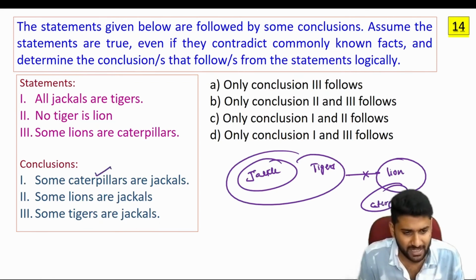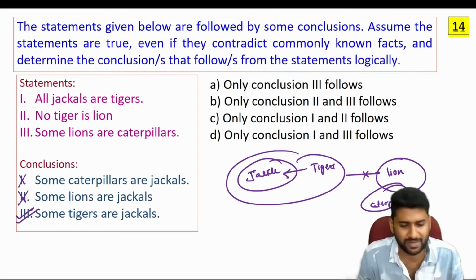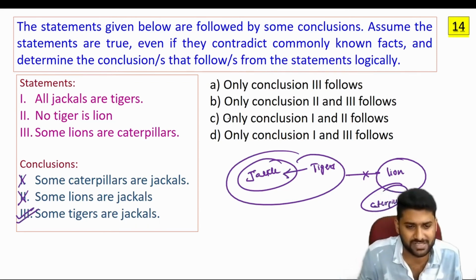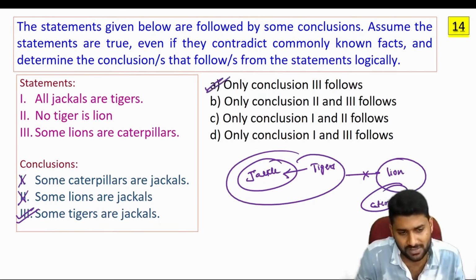Check it out: caterpillar and jackal are far from each other. You never get these types of conclusions, guys. So one is wrong. Some lions are jackals. So lion and jackal have no intersection in the picture. It's an invalid conclusion. Some tigers are jackals is the only possible conclusion. Why? Because if all jackals are tigers, definitely some tigers are jackals. So the answer is only conclusion 3 follows.